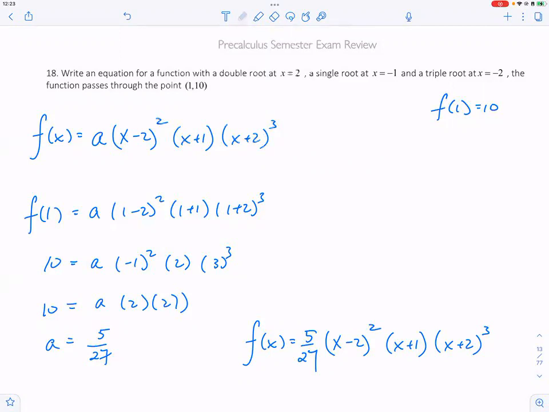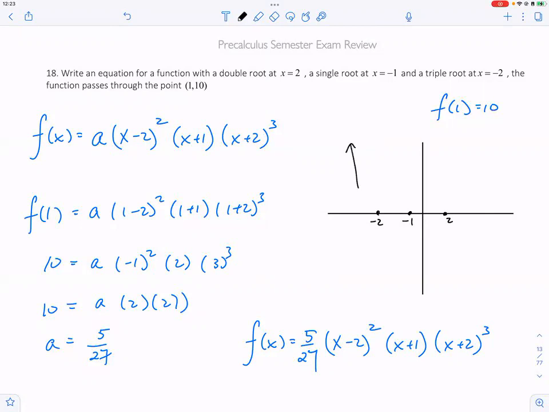Now, if you want to check the correctness, see if your equation is correct, what you can do is make a quick sketch. This is 2, this is -1, this is -2. So now based on what we have, it is a degree 6 function with a positive leading coefficient, so it should start high.